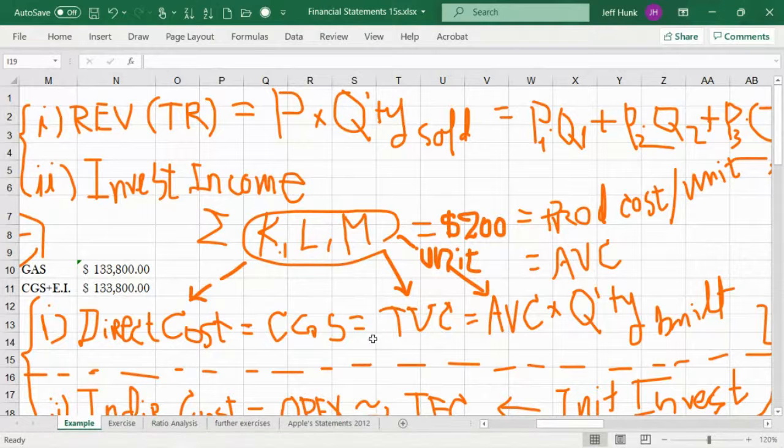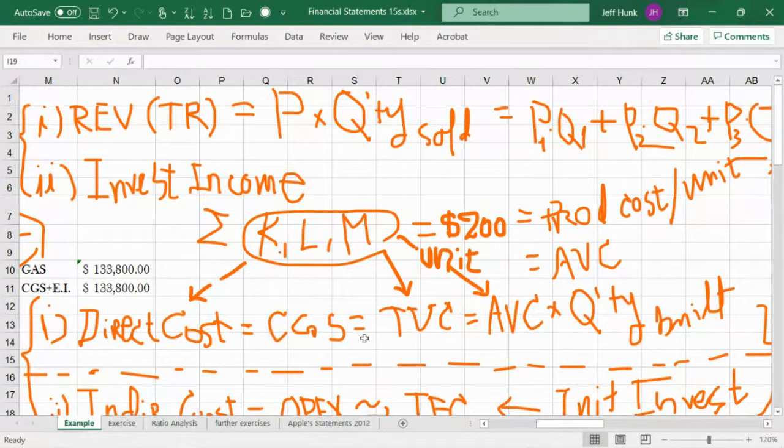Now we understand that the revenue can be expressed as a linear function, and the direct cost, or total variable cost, can be expressed as a linear function of quantity, right?